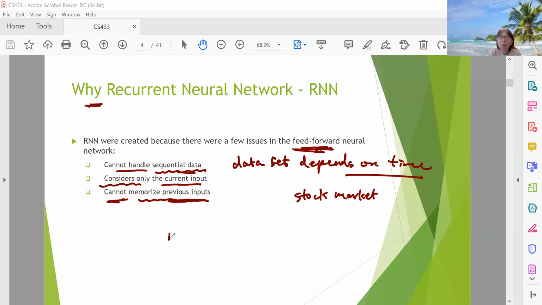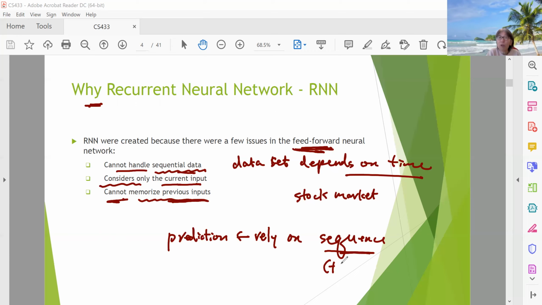A lot of the time when we do prediction, the prediction relies on a sequence, and the sequence here can also mean time. So for sure, you need to be able to remember the sequence pattern, the time pattern, so that you can make the correct prediction.